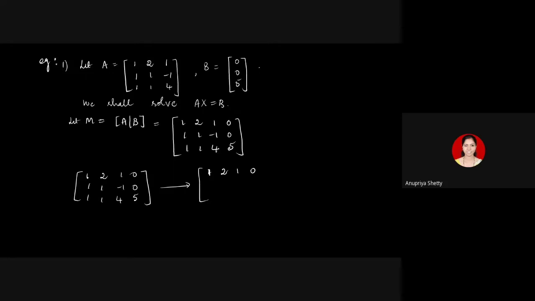The first row already has a pivot in the first position, so we'll keep it as it is. In the second row, you can go for R2 minus R1, that is, you're multiplying the first row by minus 1 and adding it to the second row. And we will go for R3 minus R2. We'll check what happens.